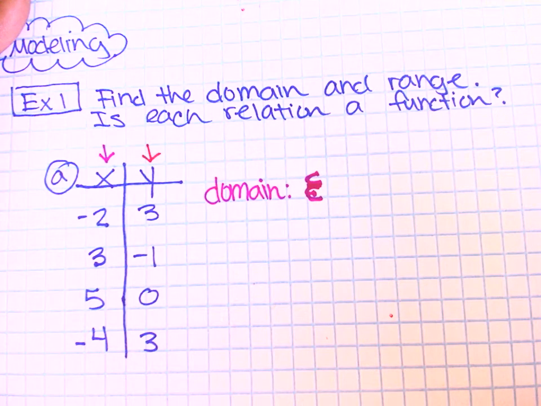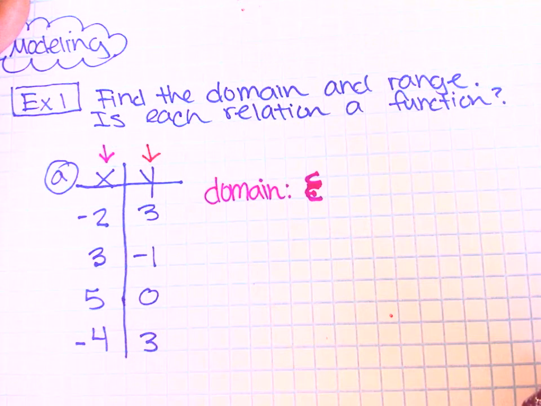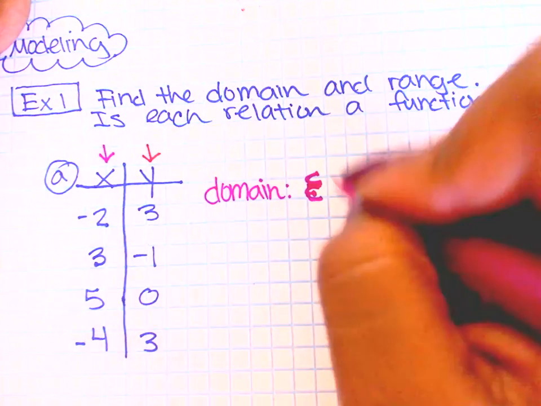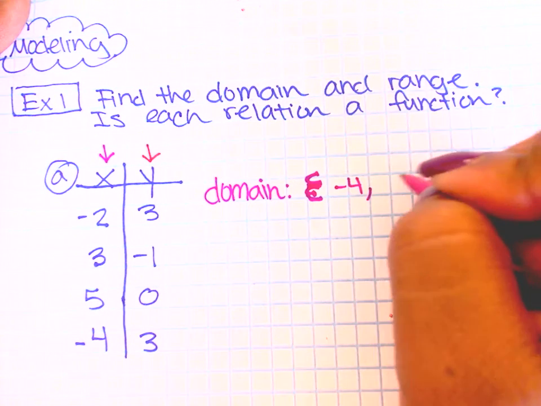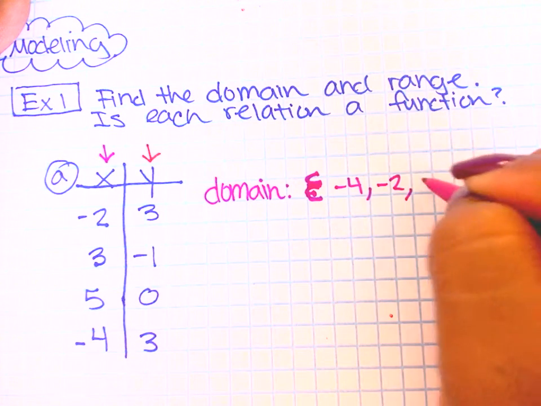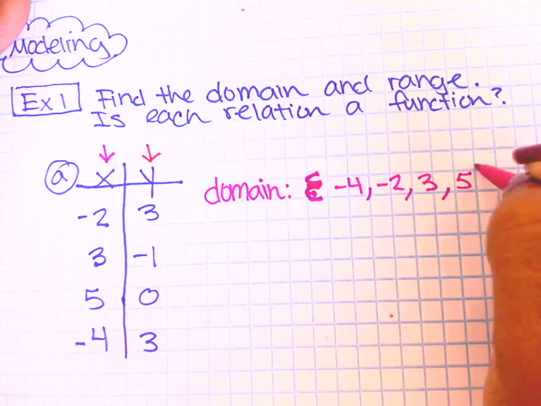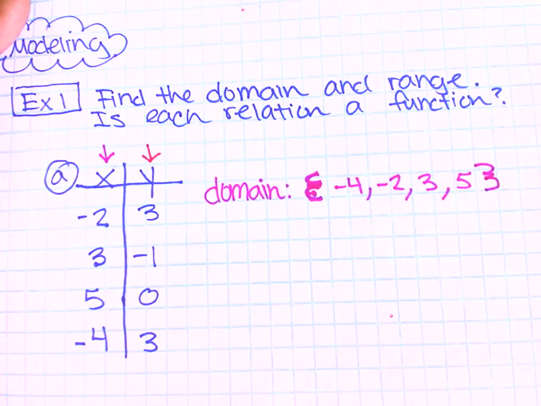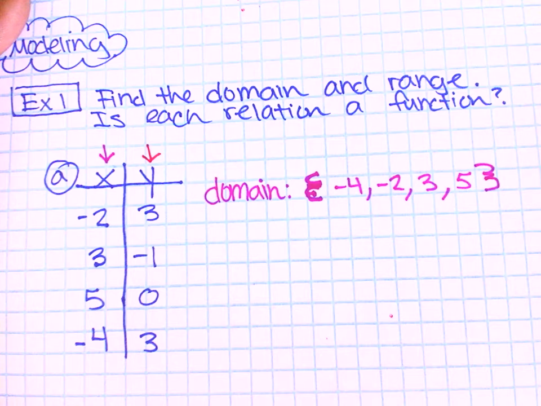Okay? And let's look at our domain. So let's look at our X's. I have, now it must be in order. So I have -4, -2, 3, and 5. They must be in number order from least to greatest. Write that down.